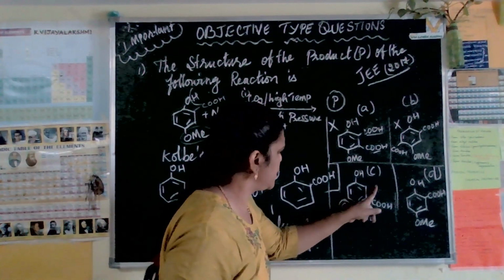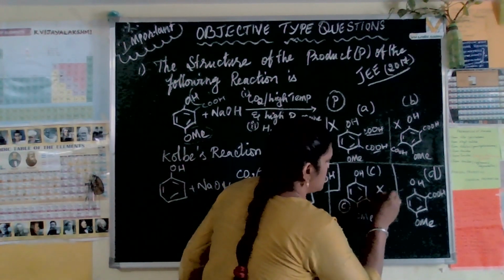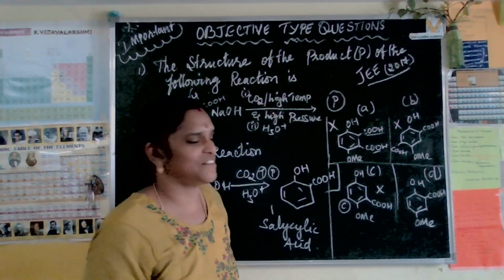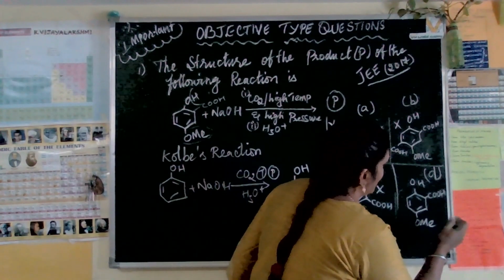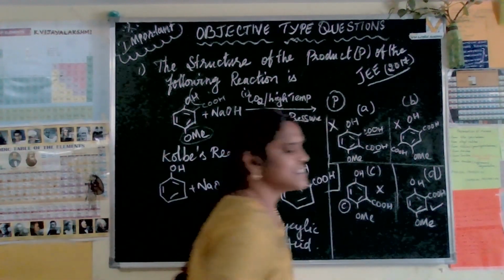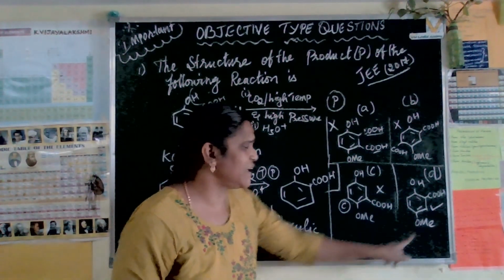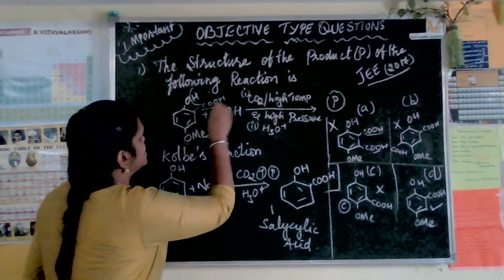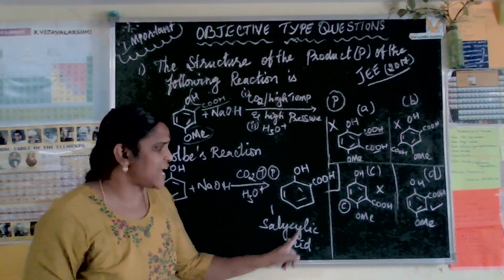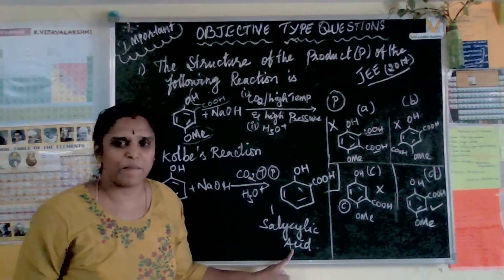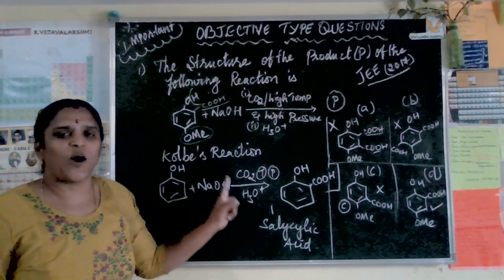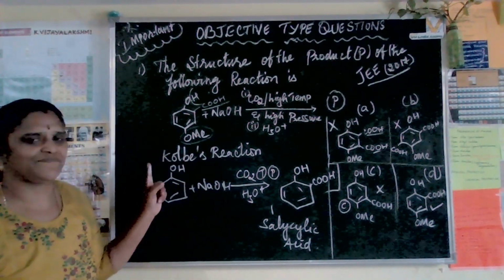And this one has the meta position, which you will not get. Finally, this is the correct option. Hope you are clear. We want this option only, with COOH ortho, salicylic acid. Hope you remember and got an idea about this.